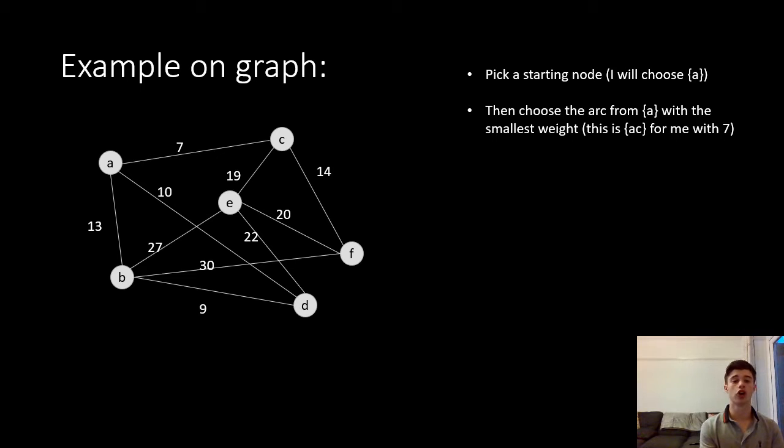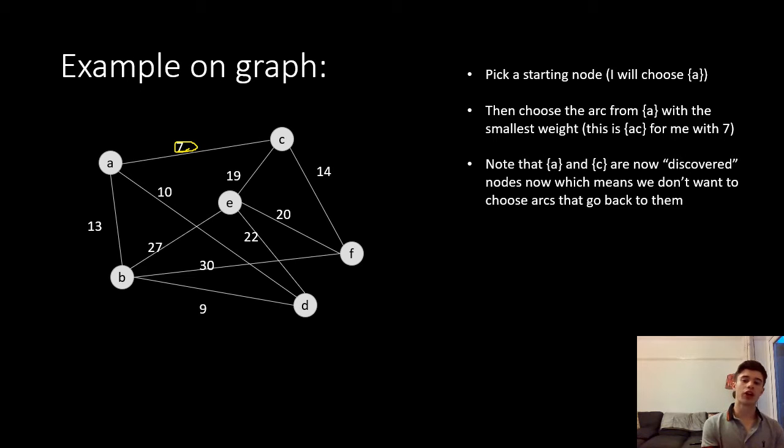Then we choose the arc from A with the smallest weight. So as you can see, A has got 3 arcs, and the smallest is 7 from A to C. There you go. That is the smallest arc.